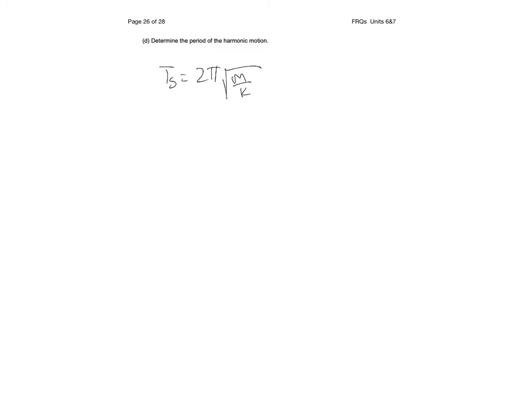And this is right off the formula sheet. And so we have 2 pi, the mass is 1.5 and the square root is 100. And that yields a period of the spring of 0.7695 seconds, to two significant digits is 0.77 seconds.